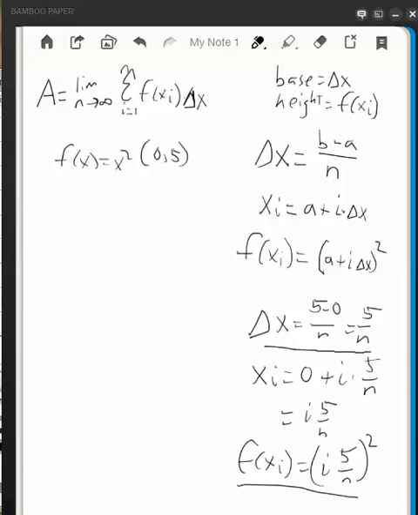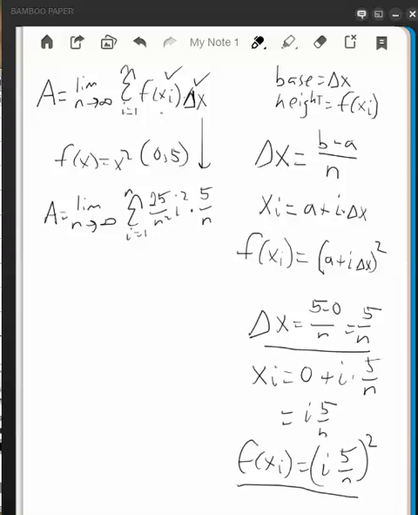I have f of x sub i. I have delta x. That's exactly what I need in my area formula. So now I can actually go ahead and substitute. So area is going to be the limit as n goes to infinity of my sigma notation of f of x sub i, which is basically 25 over n squared times i squared, times 5 over n, right?